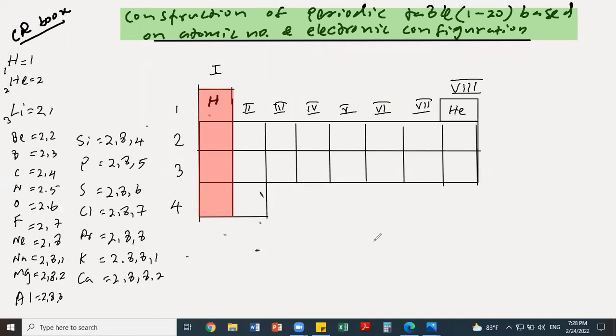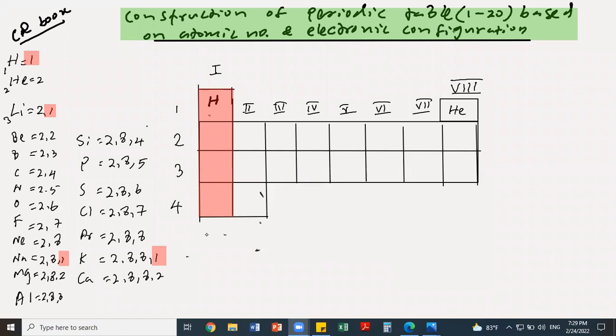Okay. Now, all the elements with outermost shell 1 electron: lithium, hydrogen, who else has outermost shell 1 electron? Sodium and potassium. These elements with outermost shell 1 electron all come to the same group.